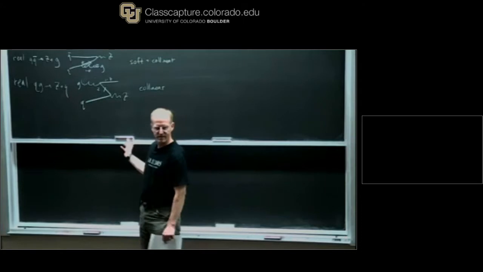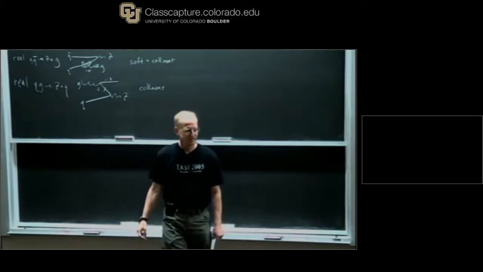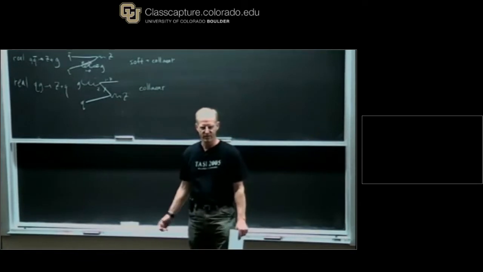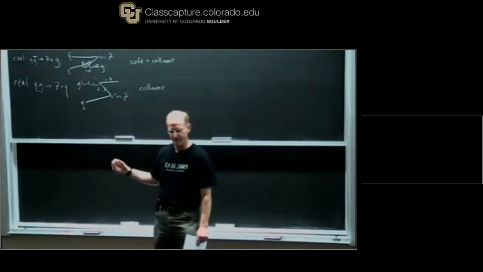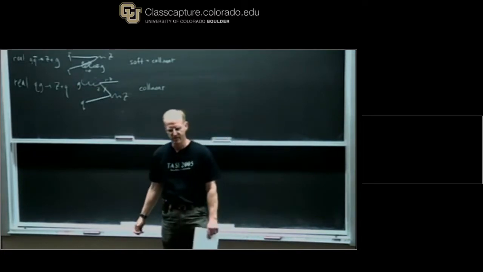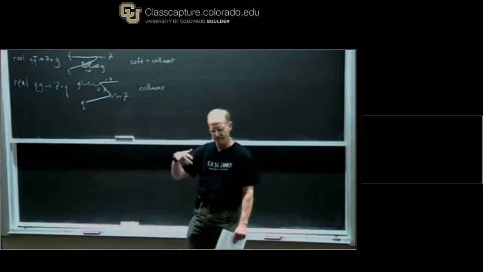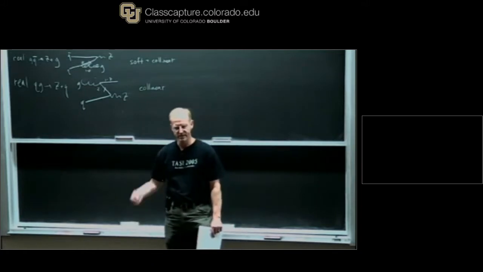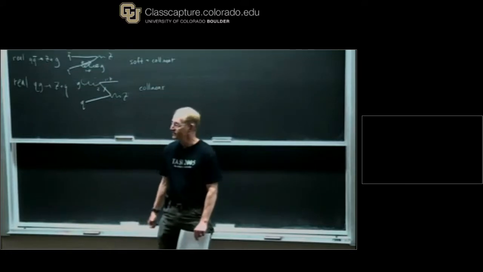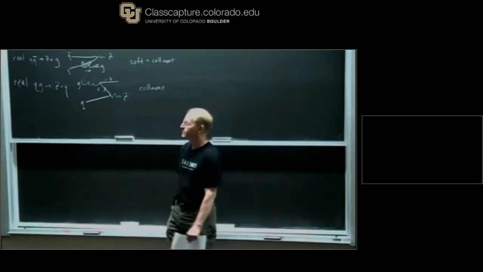And we discussed how we factorized the process into a short distance cross-section multiplied by some parton distribution functions, or probabilities for finding quarks and gluons one at a time inside the proton, as a fraction of the proton's longitudinal momentum along the beam.